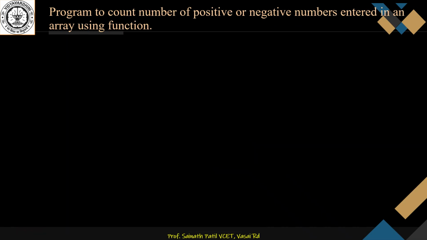Let's see one more program to count the number of positive or negative numbers entered in an array using functions. We have already written this program for finding positive and negative numbers in an array, but now we are writing it using functions.